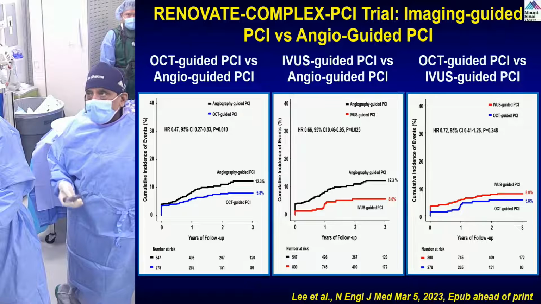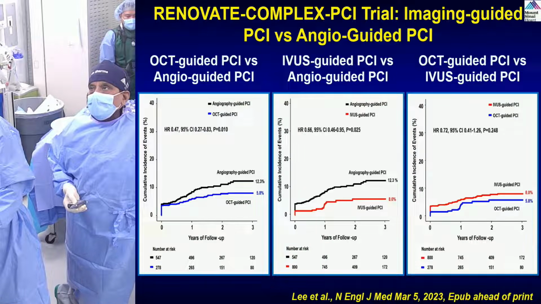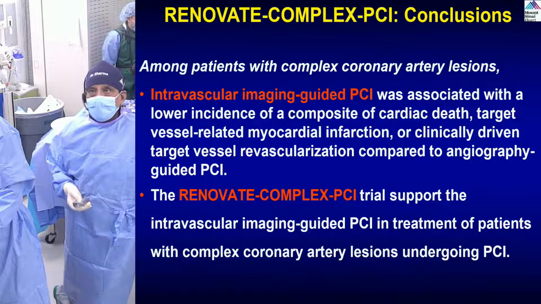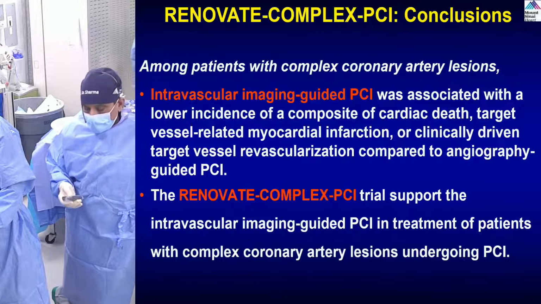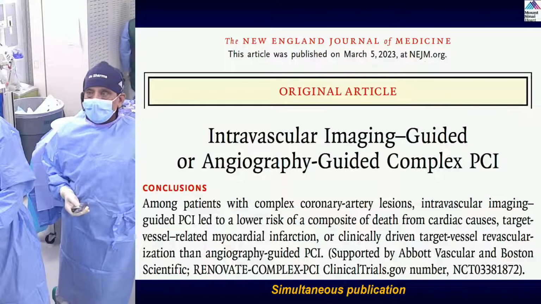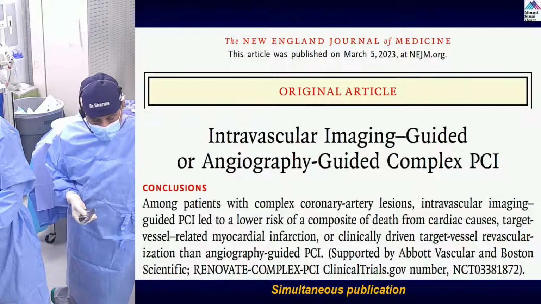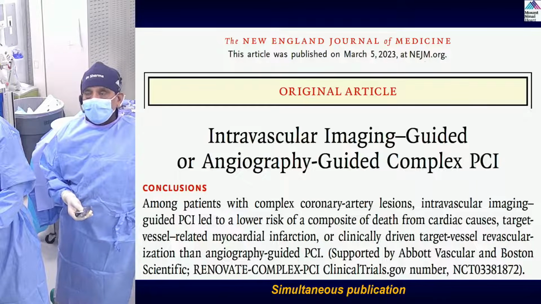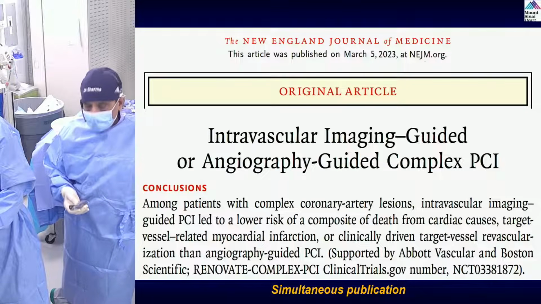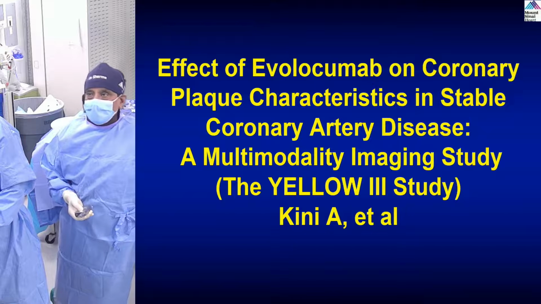As I mentioned, OCT data were a little stronger than IVUS in this. That was not randomized. So basically it shows that complex cases will do better. And we showed that point last month, that the American College of Cardiology consensus recommendation is that we should be doing more imaging guided PCI, particularly in complex cases.